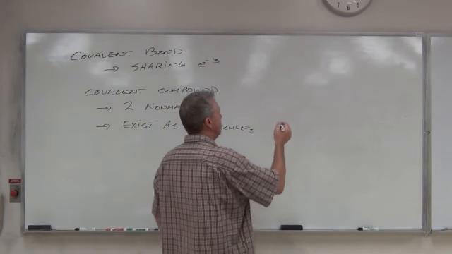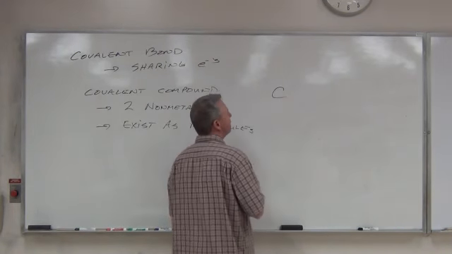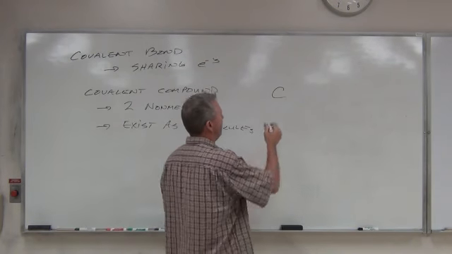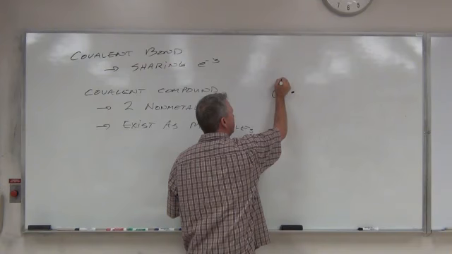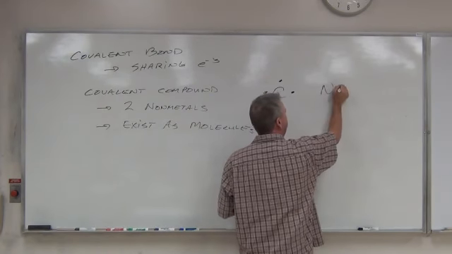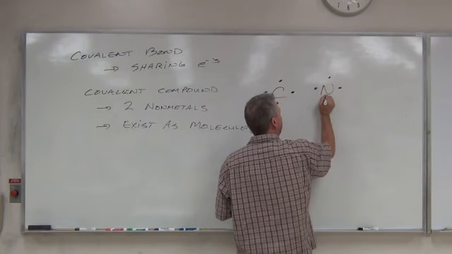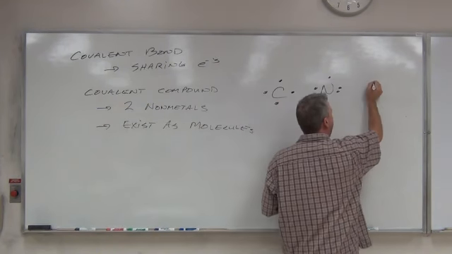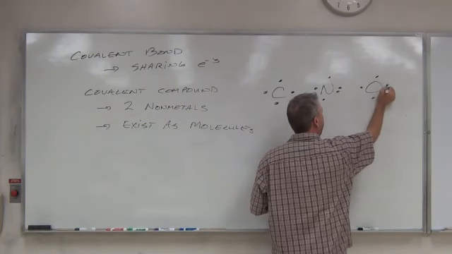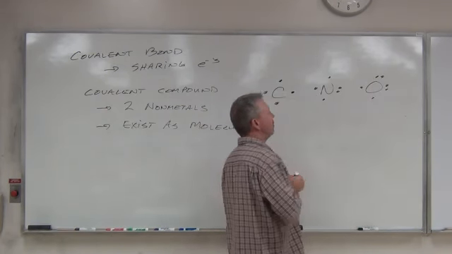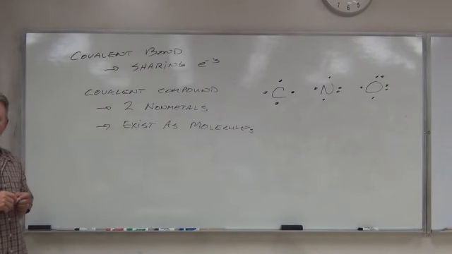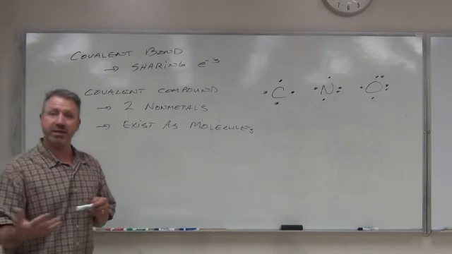If we look at carbon, and we say carbon is in group 4, and we put our Lewis dots in, 1, 2, 3, 4, and nitrogen is in group 5, 1, 2, 3, 4, 5, and oxygen is in group 6, 1, 2, 3, 4, 5, 6. We look at this and we see every place there's a single electron, this is a bonding position.